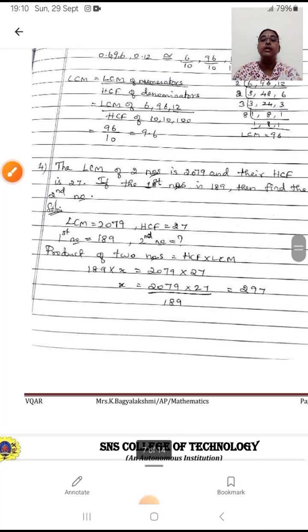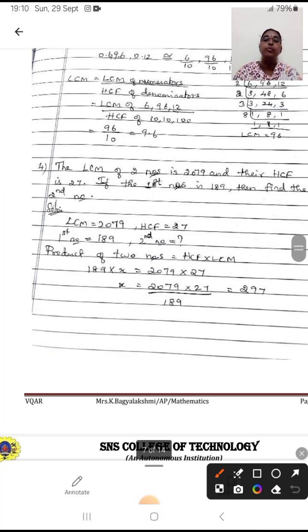One more thing, we are calculating based on the first formula. The LCM of two numbers is 2079 and their HCF is 27. If the first number is 118, then find the second number. Already we discussed that if three values are given, we calculate the fourth value using the formula: product of two numbers is equal to HCF times LCM. LCM, HCF and the first number are known, and we calculate the second number.